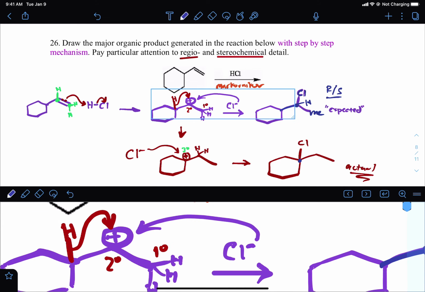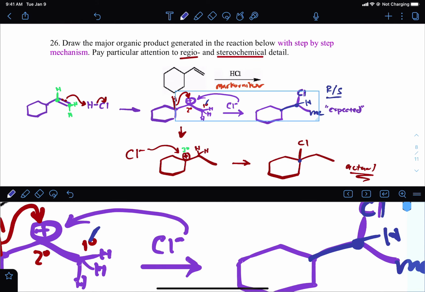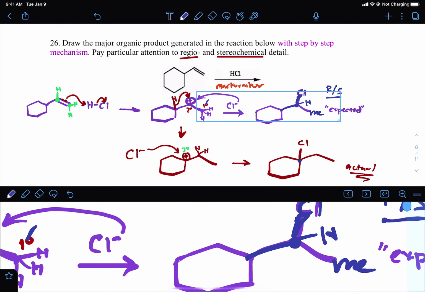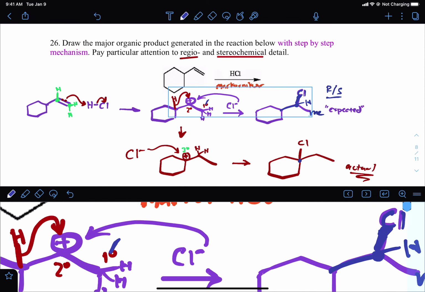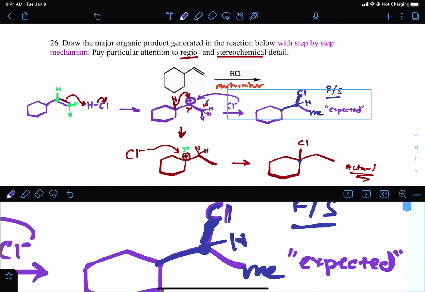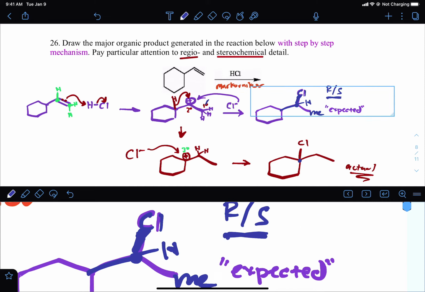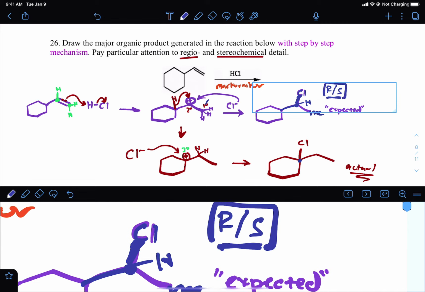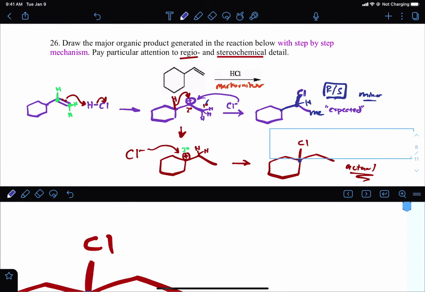And so the chlorine can add from the top, in which case it would be a wedged chlorine, right? Or it could add from the bottom, in which case it would be dashed. And that would create either the R stereocenter if it was dashed, or the S stereocenter if it was wedged. So that is maybe where stereochemistry matters, but this is a minor product. Okay, the major product will be the rearranged product.